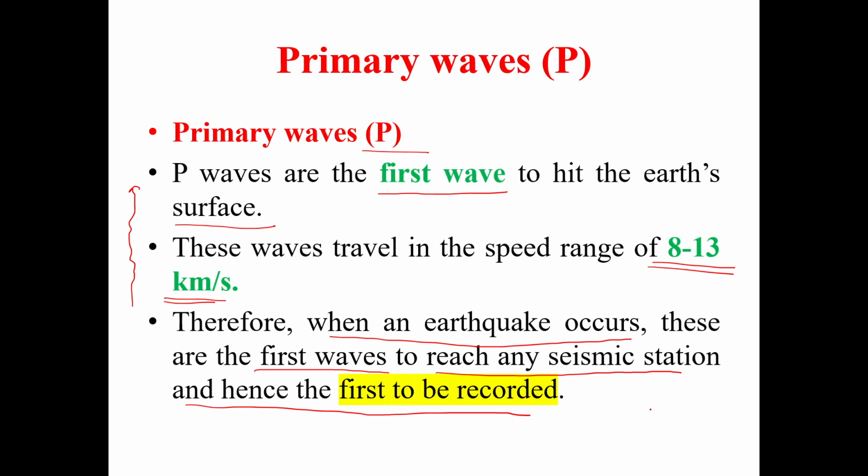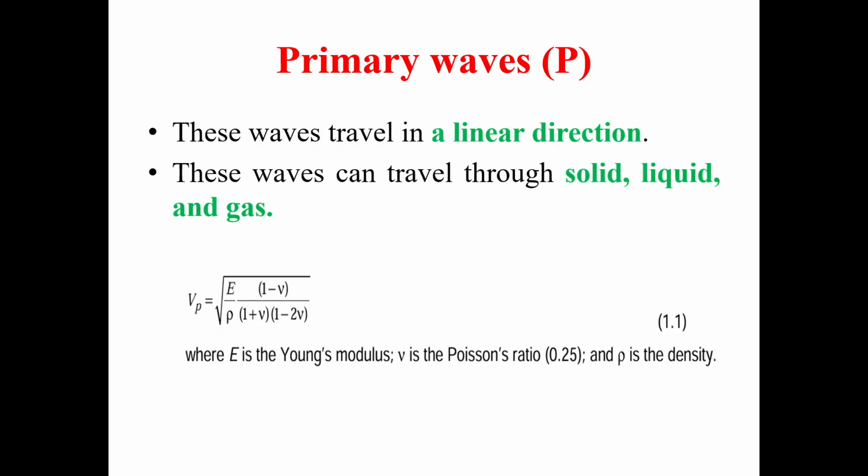So whenever an earthquake occurs, primary waves, as they have higher speed, reach any seismic station first. That's why they are recorded first. These waves travel in a linear direction, and they can travel through solid, liquid as well as gas.